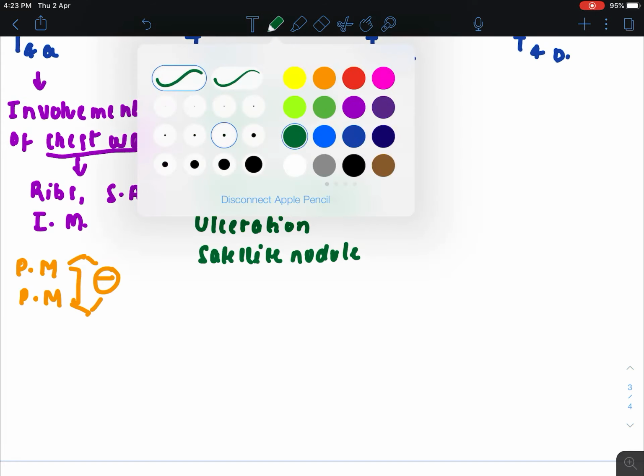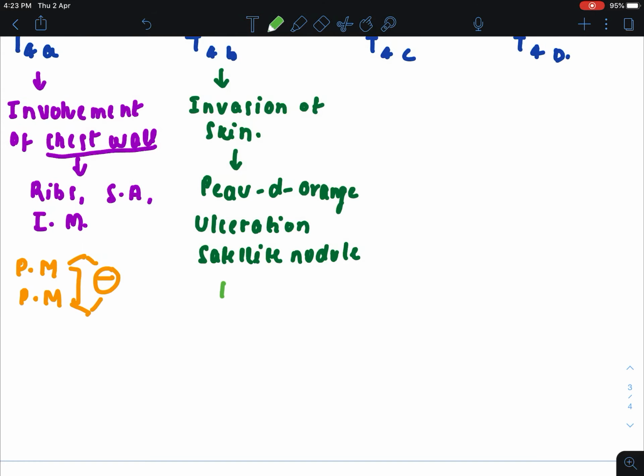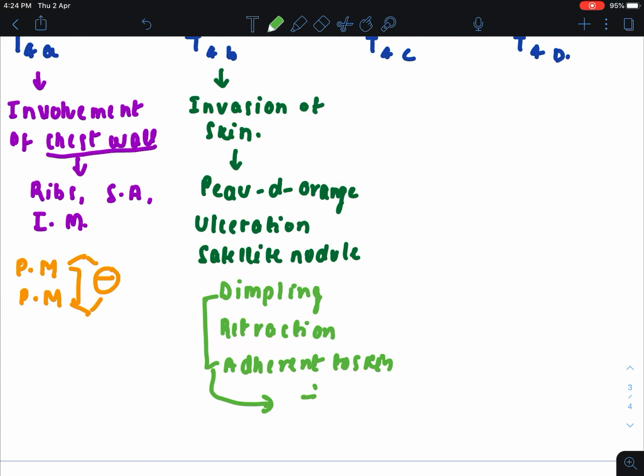But remember, dimpling or puckering or retraction or adherent to skin, these three are not the involvement of skin.